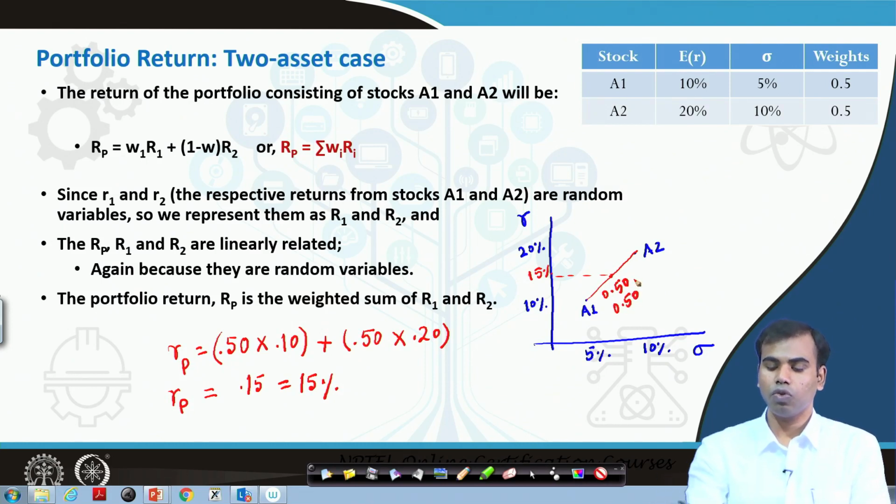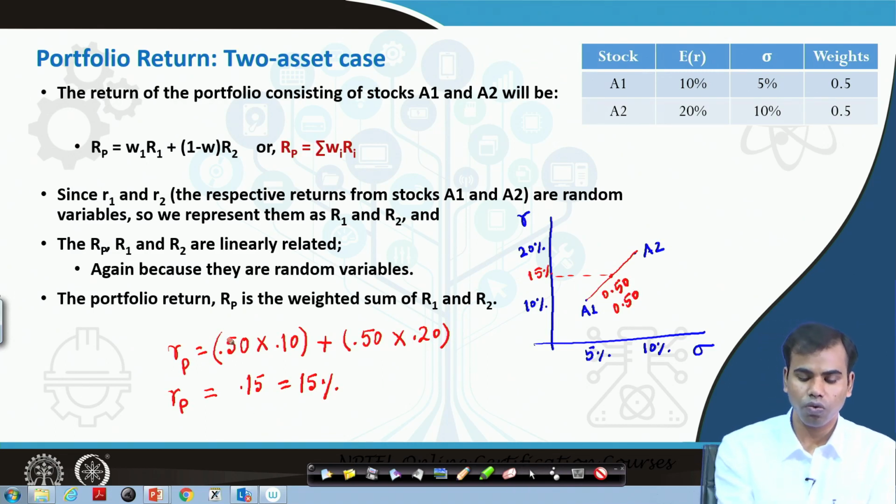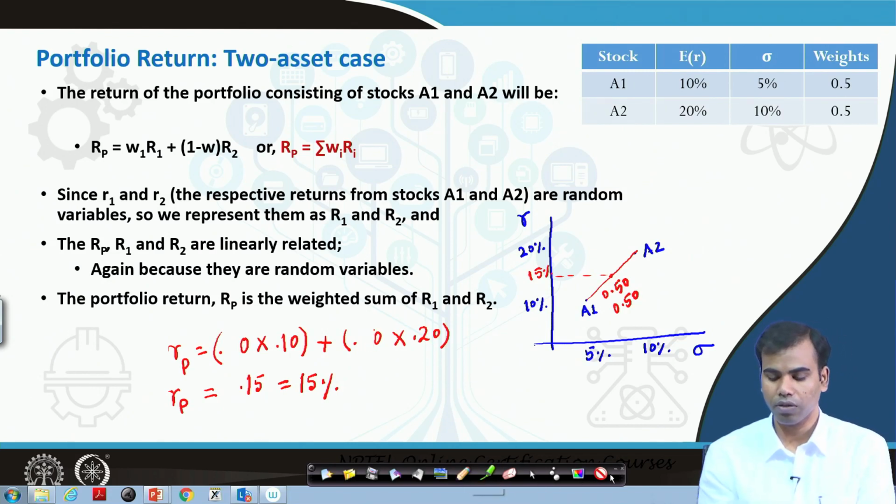So, if you know the weights to be assigned to different assets, you can calculate the return on the portfolio in this particular approach. Suppose you want to change the weight of the assets to a different combination. Now you want to invest less money in A because it is giving you less return.